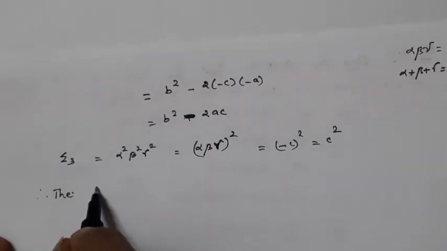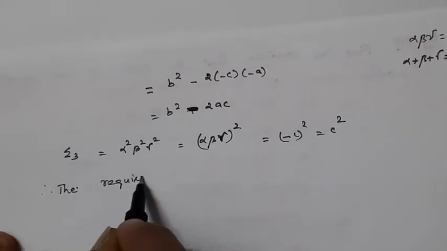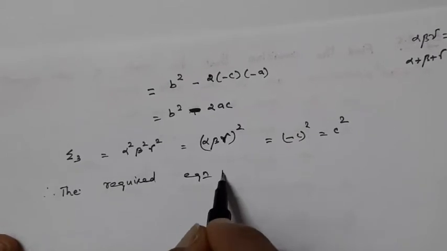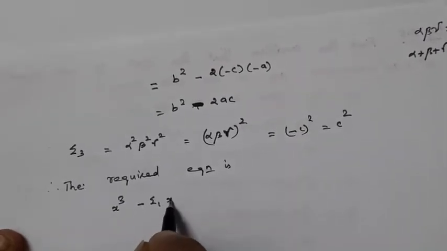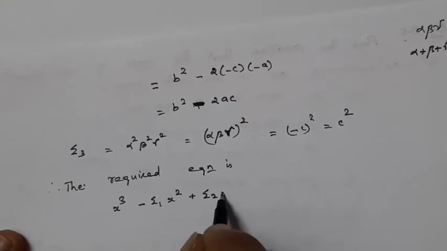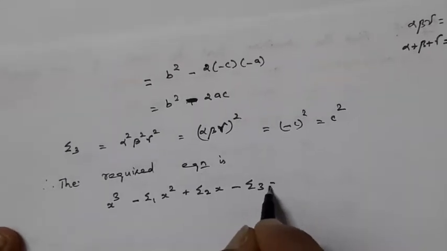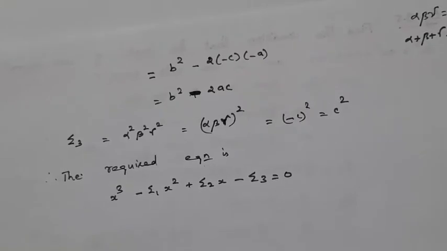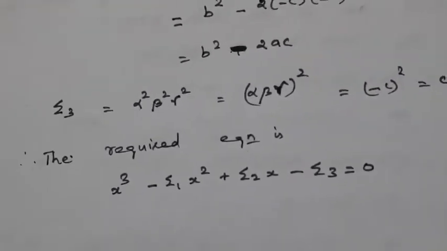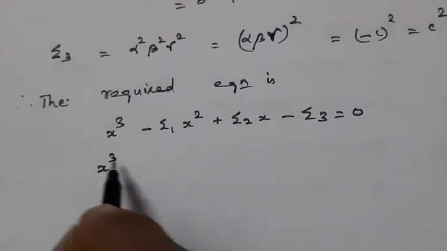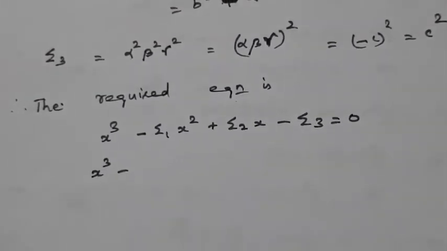Therefore the required equation is x cube minus sigma 1 into x squared plus sigma 2 into x minus sigma 3 equal to 0. Okay. So just to substitute, x cube minus, what is sigma 1?